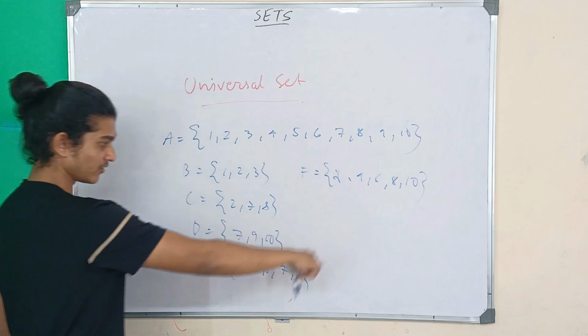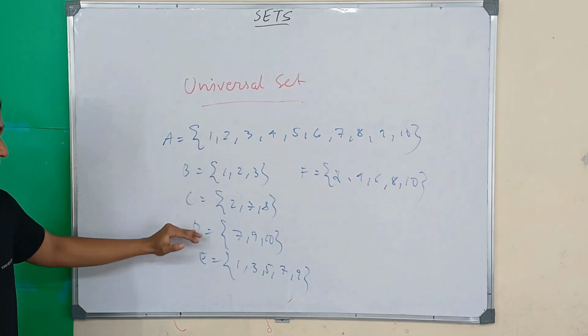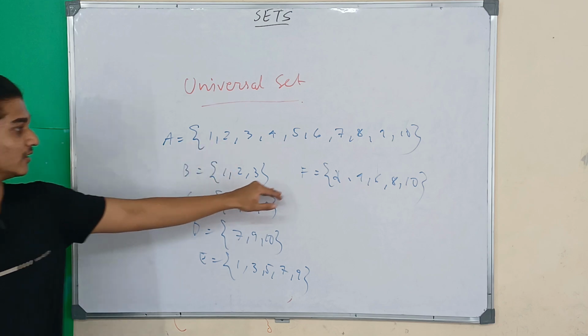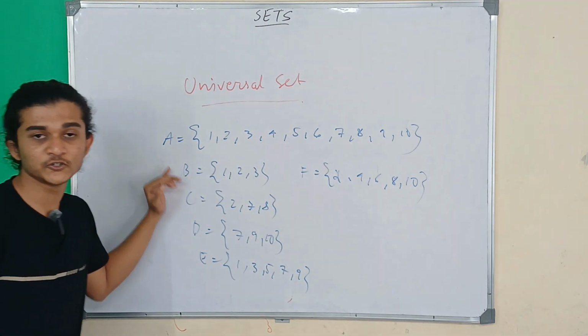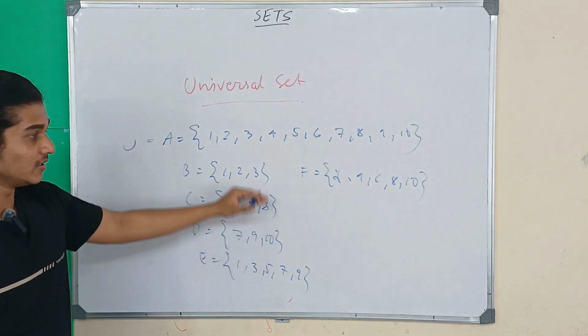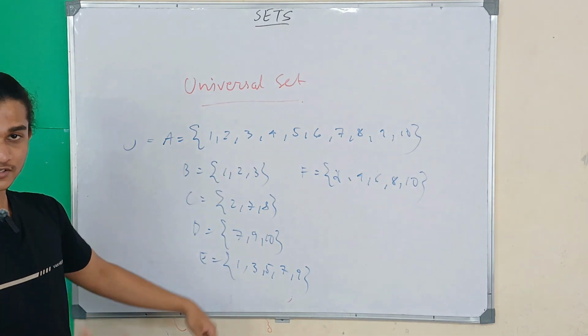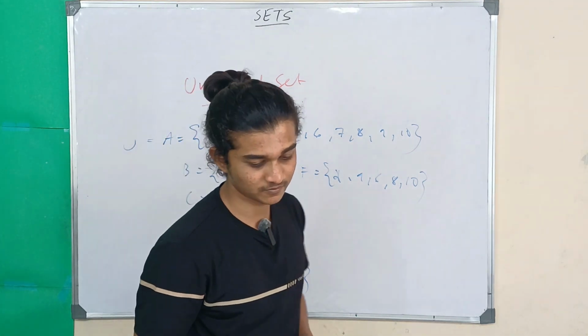Now by observing all this, can I say B is there inside A, C is there inside A, D, E and F are all inside A? So in this case I can say A is acting like a universal set. The universal set is basically the mother of all sets, in which every single element of the given sets will be there. So this was the theory for this particular exercise.